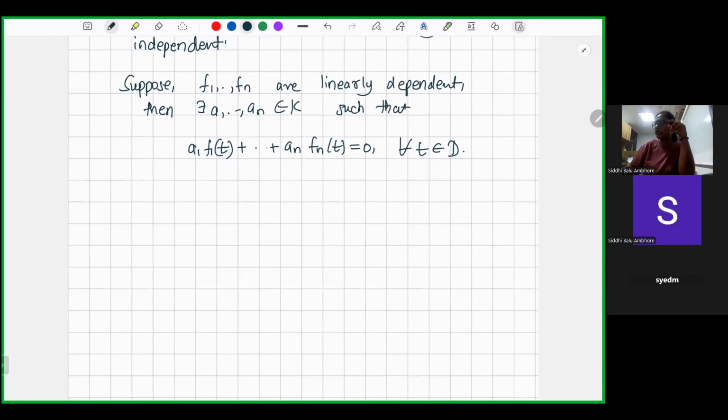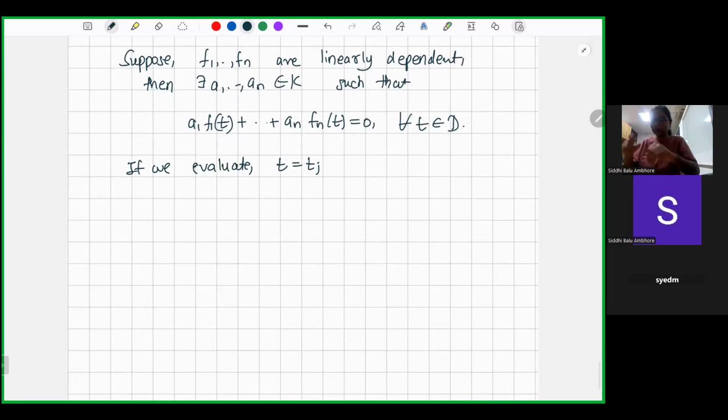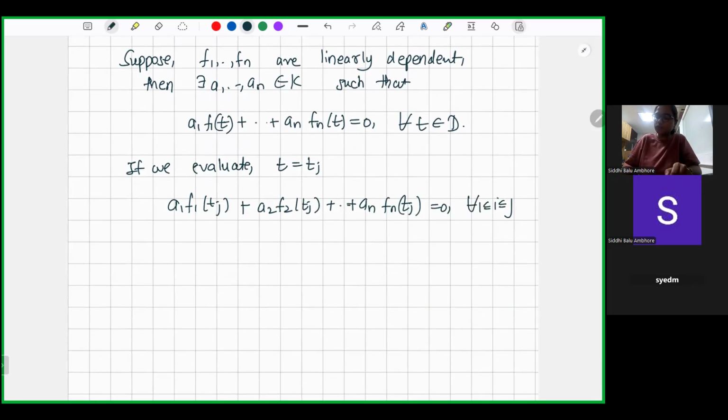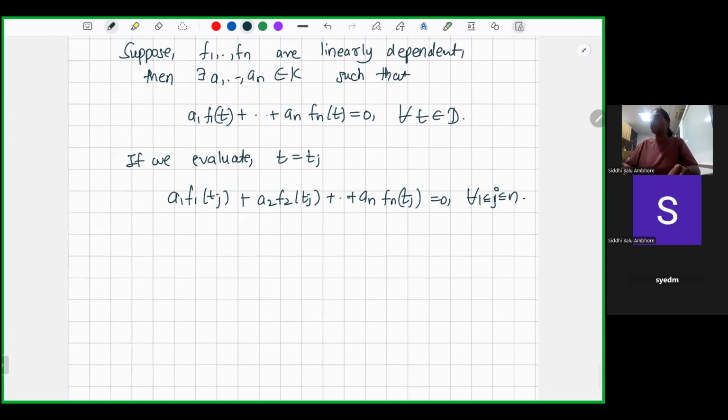Then if we evaluate T at Tj, then A1 F1(Tj) plus A2 F2(Tj) plus ... plus An Fn(Tj) will be zero for all j from 1 to n.